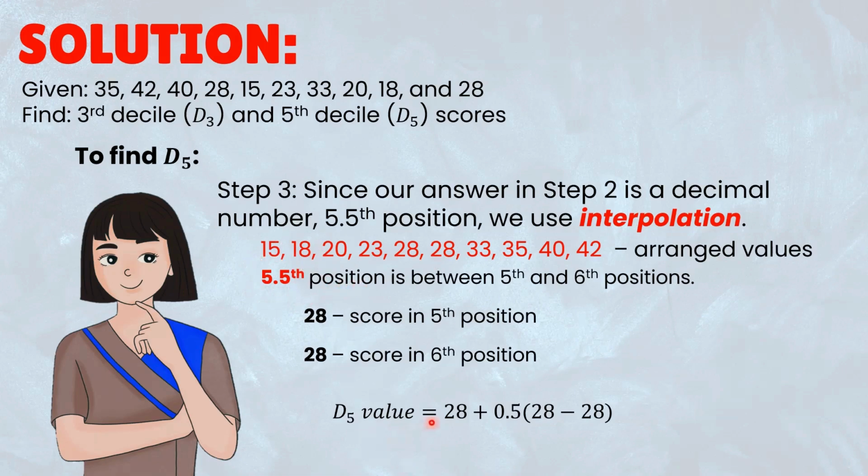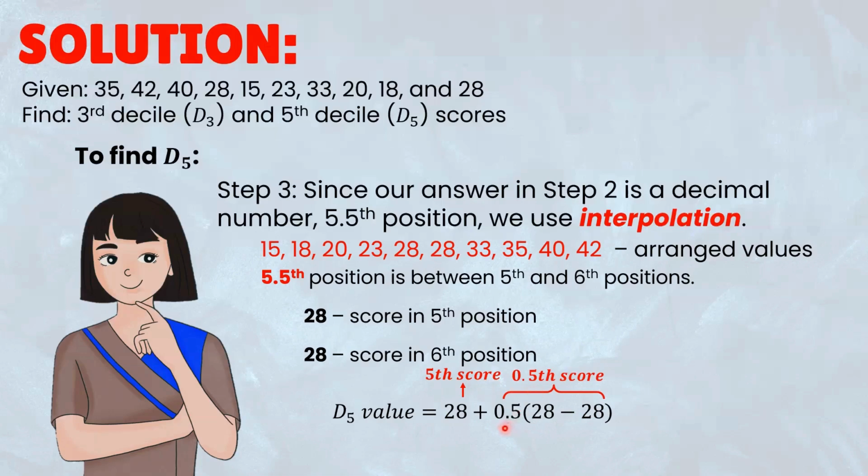So decile 5 value is equal to 28, which is our fifth score, and we add 0.5 times the quantity 28 minus 28. This expression 0.5 times the quantity 28 minus 28 is our 0.5 score. Adding the two, that gives us 5.5 score.